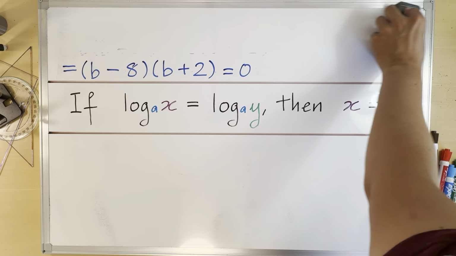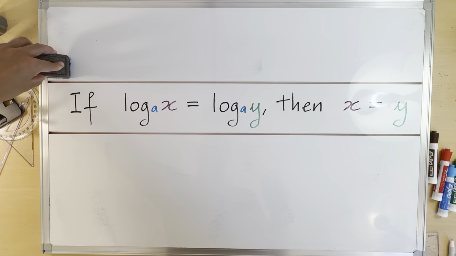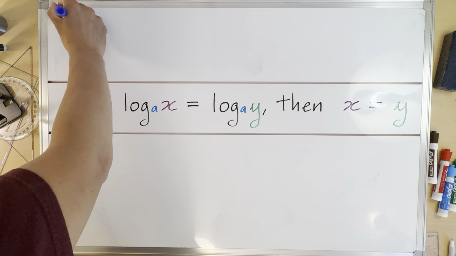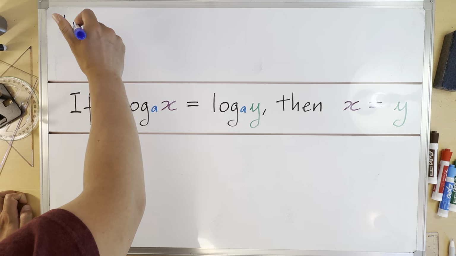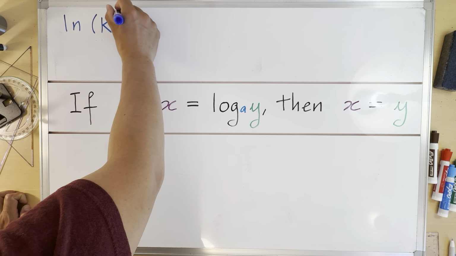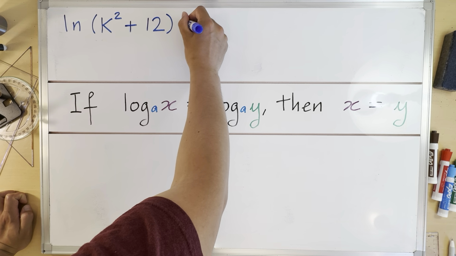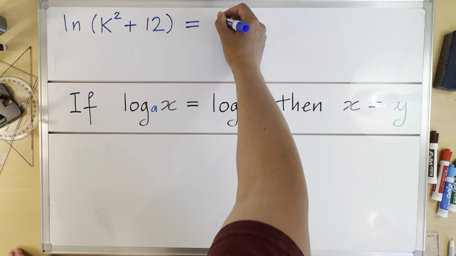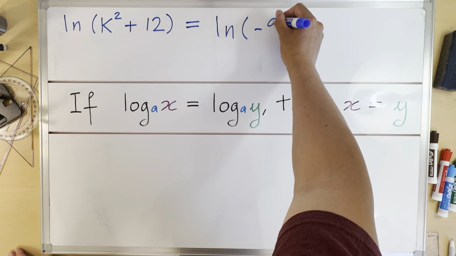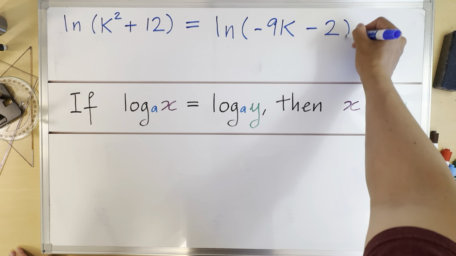Now, we will do a second and last example. So for the last example, we have the natural log of k squared plus 12 is equal to the natural log of negative 9k minus 2.